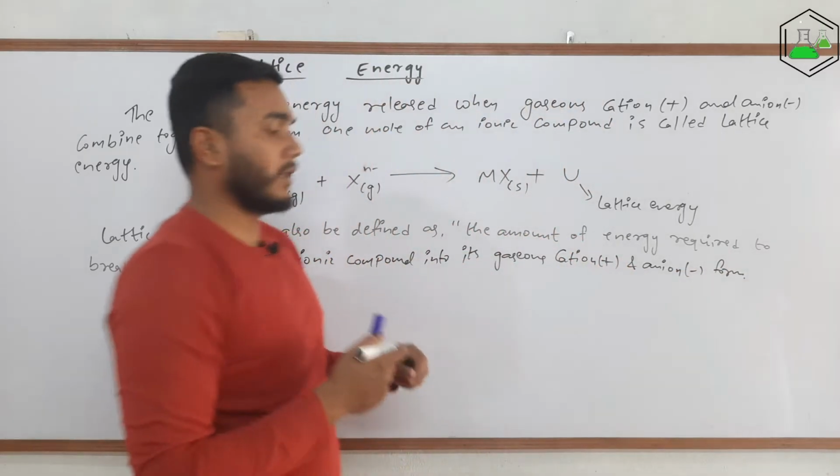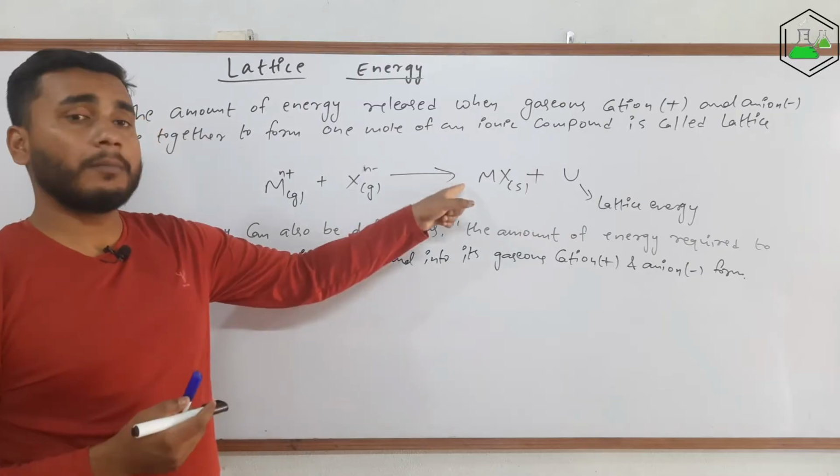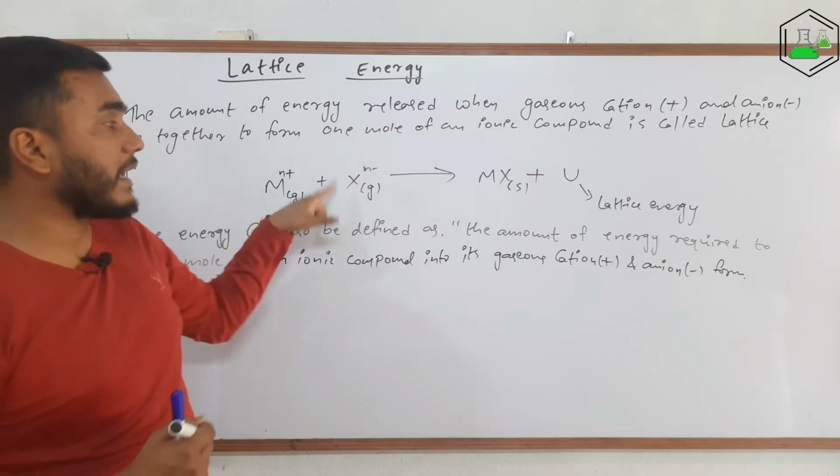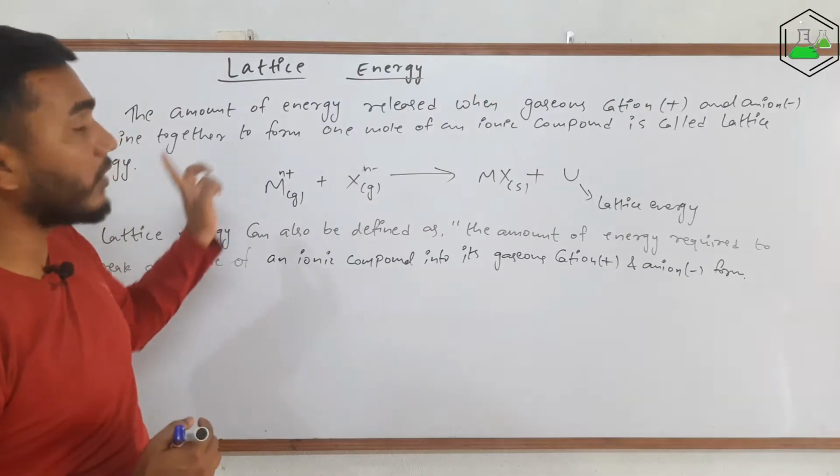So the energy required to break 1 mole of an ionic compound into its gaseous cation and gaseous anionic form is called the lattice energy.